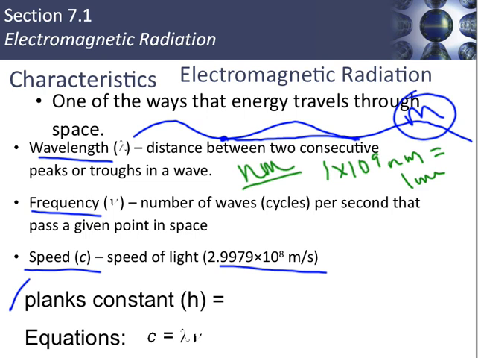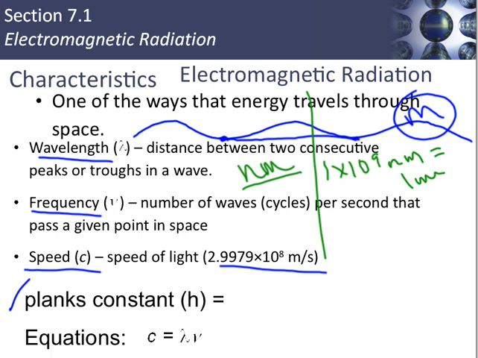What is the frequency of a wave? Fast, sort of. Yes, the number of waves that pass per second. So we have a point in space. How many wavelengths pass that point per second?